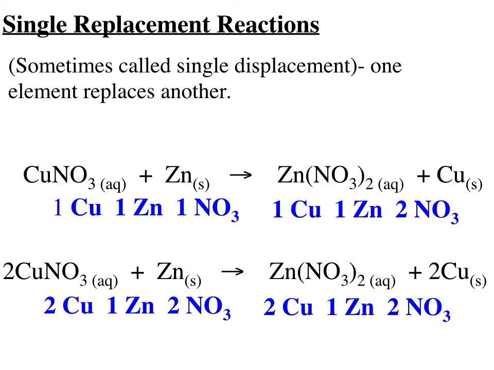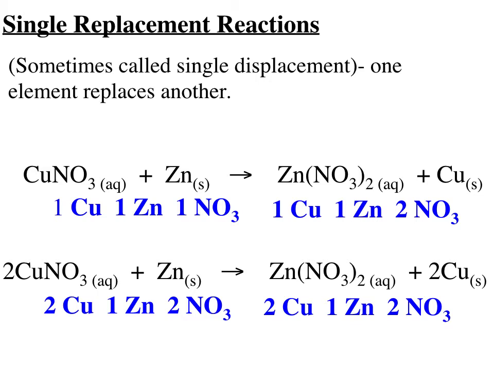So on the left, I have a copper, a zinc, and one nitrate. On the right, however, I have a copper, a zinc, and two nitrates. So I need to get two nitrates on the left to match the two nitrates on the right. Now, what I could do is change the subscripts on the nitrate on the left, but if I do that, it's no longer nitrate.